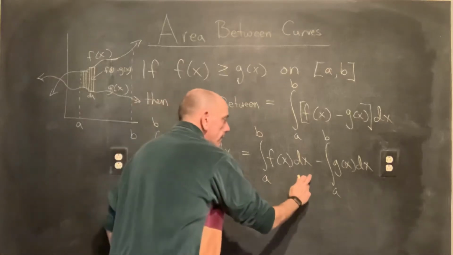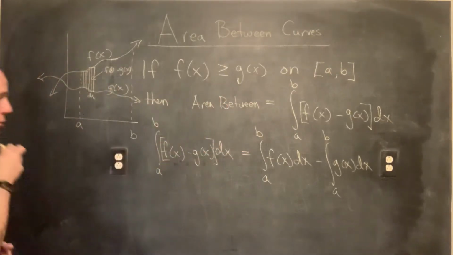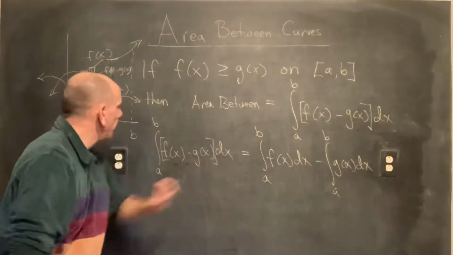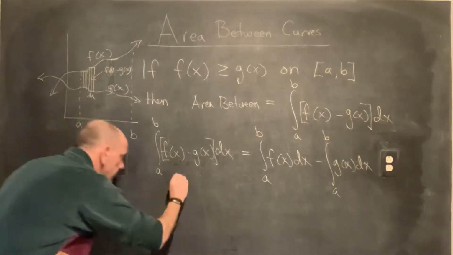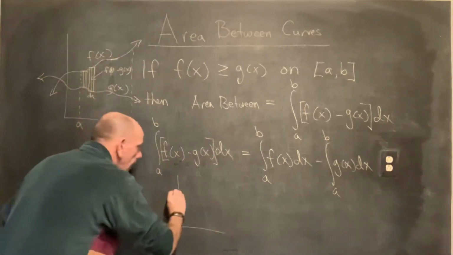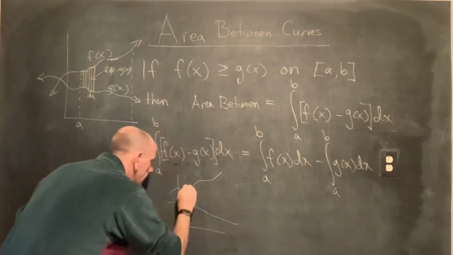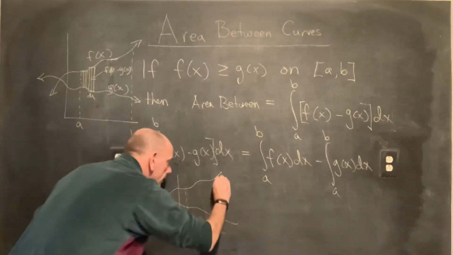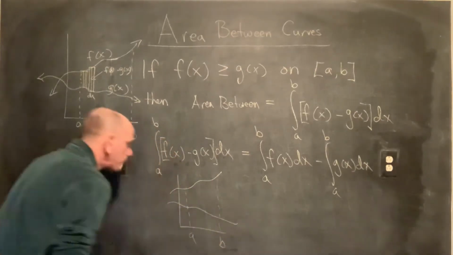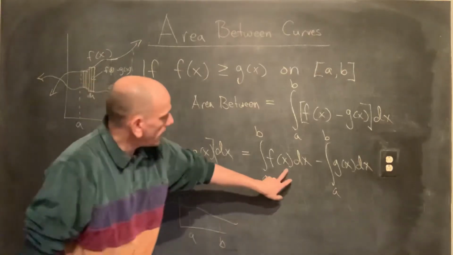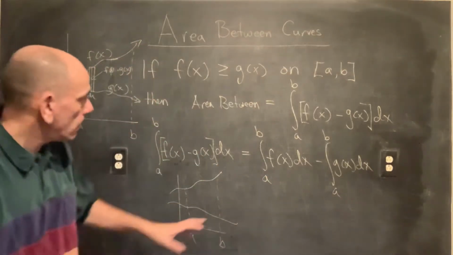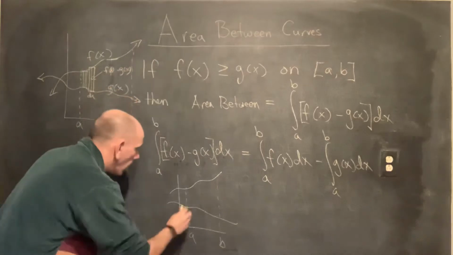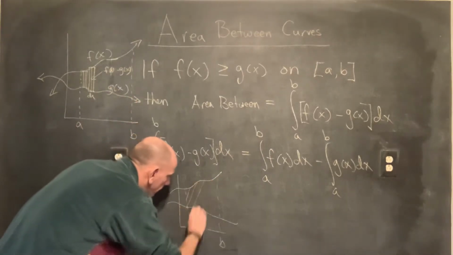In this way of looking at it, and remember these are two equivalent statements, they're equal. Let's draw a similar picture. Our f is up here, and our g is here, and there's our a. Here what we're saying is, okay, take the integral of f of x. Well, that's all of this.